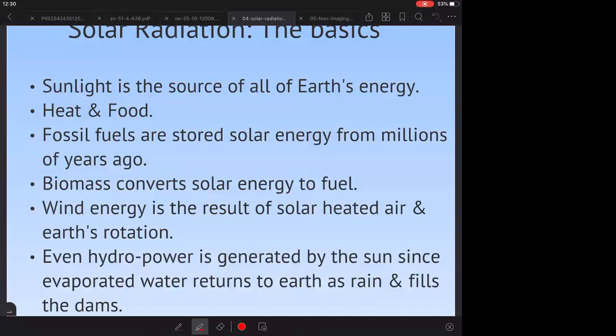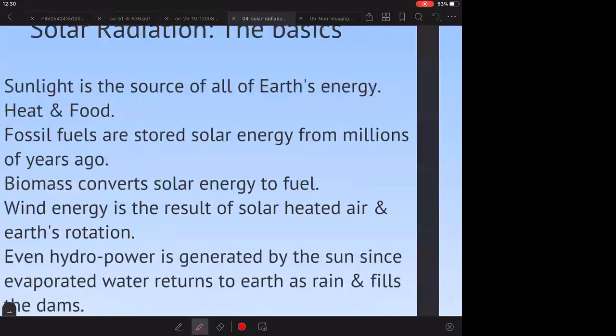So it can also be traced back to sunlight as well. And of course, hydropower is generated by the sun in the sense, as we talked about 2 lectures ago, evaporated water returns to Earth, fills a dam, for instance, and when you open the dam, runs a turbine. So everything is, in a sense, related to the sun.